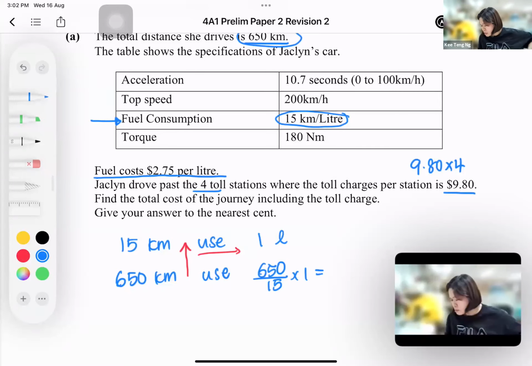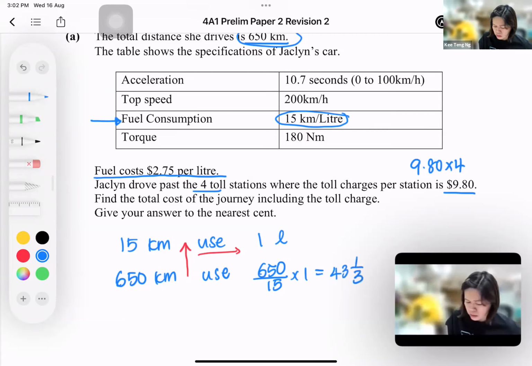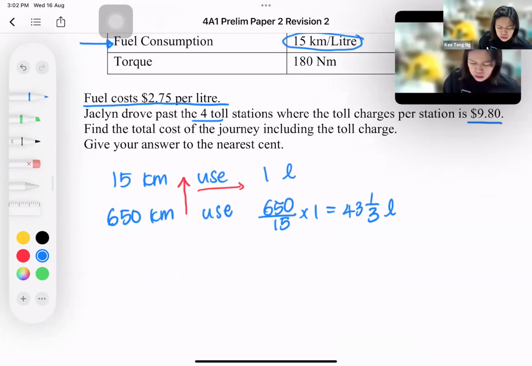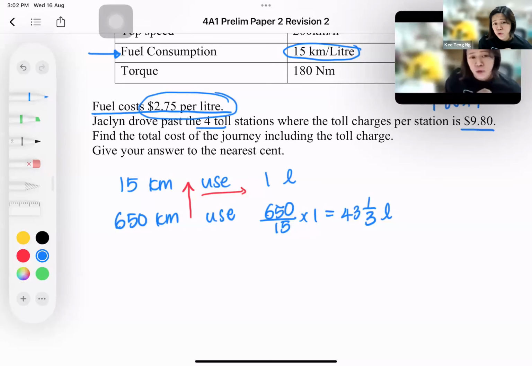And that gives me a fraction. Okay, so I'm going to leave it as a mixed number in this case. This much liter. But the question say this amount of liter costs $2.75 per liter. So I want to find the cost of petrol, not the total cost.